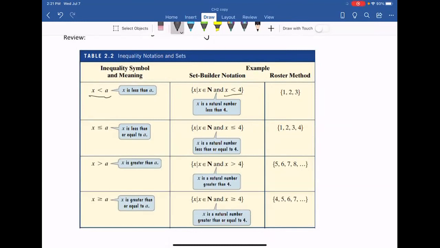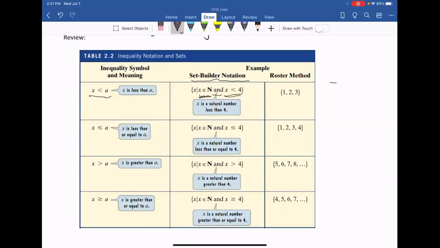In the set builder notation part, X is less than 4. So it needs to satisfy X is in the natural numbers N, and at the same time, X is less than 4.